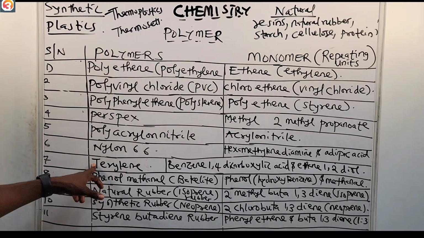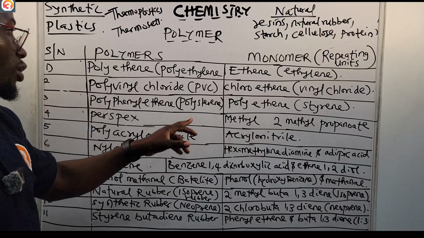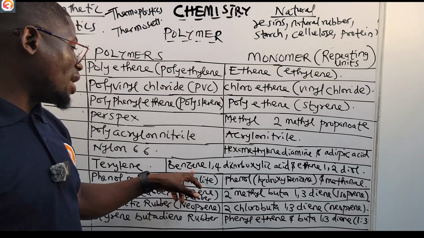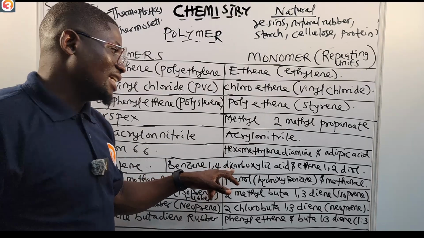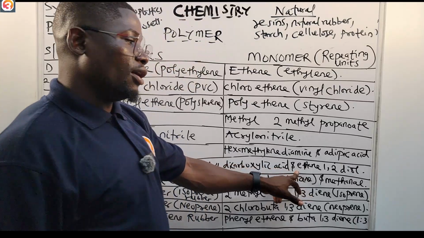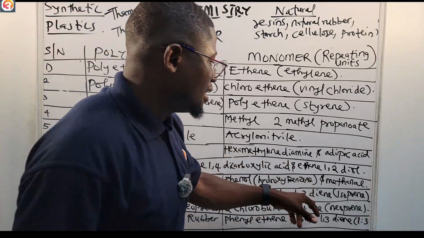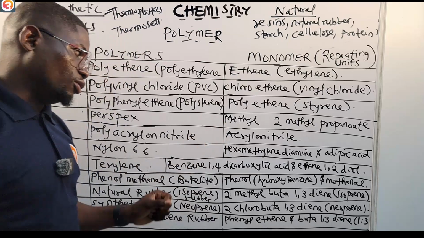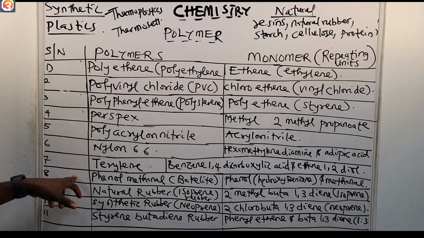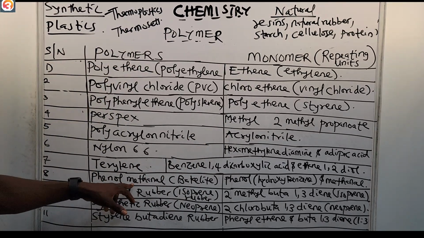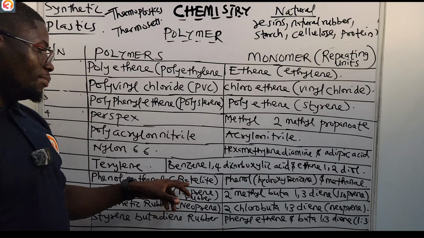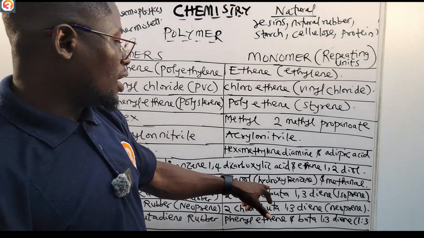Now we have terylene. Terylene is made from monomers of benzene 1,4-dicarboxylic acid and ethane 1,2-diol. All right. Then number eight, we have phenol methanal, which is also called bakelite. Bakelite is made from phenol, which is called hydroxybenzene.